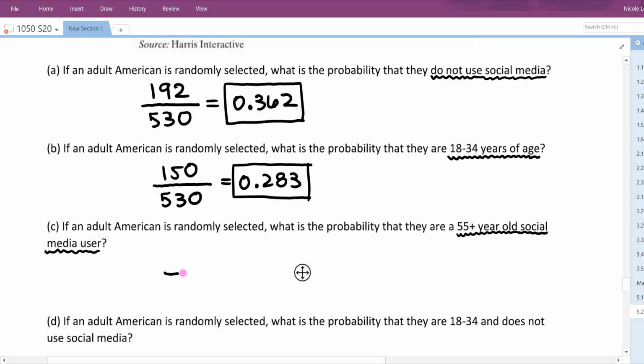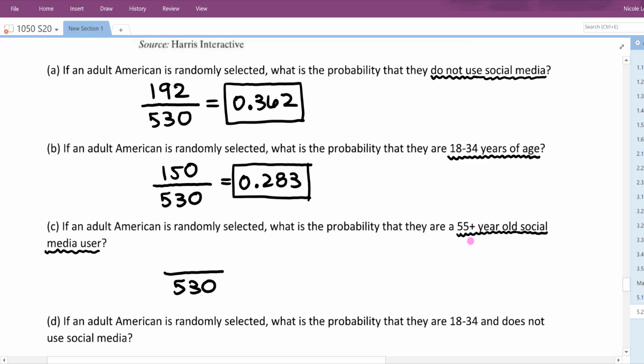So we will still build our fraction with the total of 530 in the denominator. Then to determine what number we're going to put on top, I need to again refer back to the table and determine how many people are 55 plus and also a social media user.